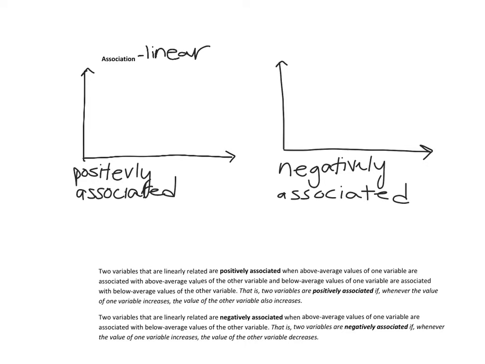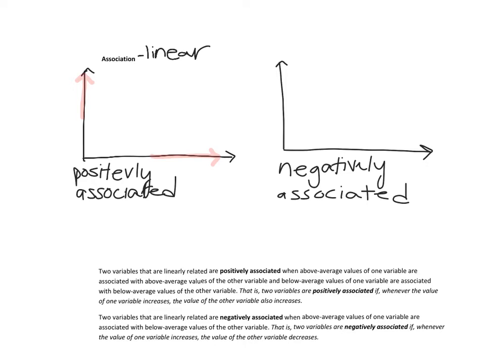Okay, so positively associated, we kind of already touched on this, or I said it briefly, but I'll use a highlighter. For positively associated bivariate data, as the explanatory variable increases, the response variable also increases.